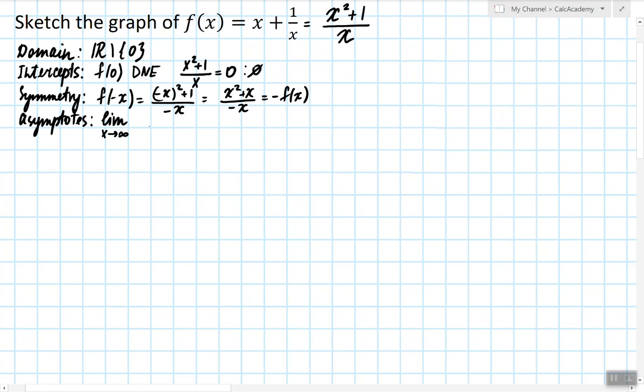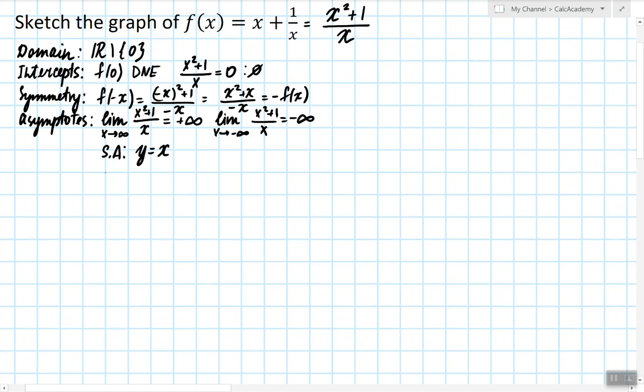So the end behavior goes to infinity as x goes to infinity, and to negative infinity as x goes to negative infinity. However, since the degree of the numerator is only 1 greater, this graph has a slant asymptote, and the slant asymptote is exactly the quotient obtained from dividing the denominator into the numerator. So this graph has a slant asymptote y equals x.